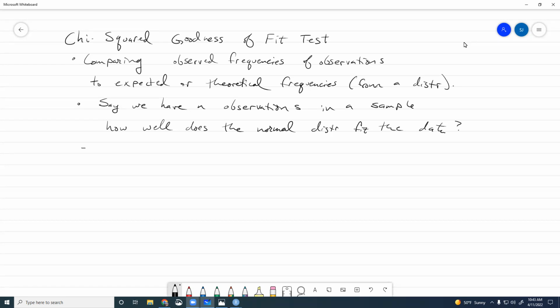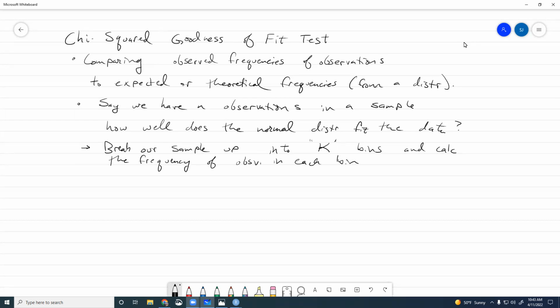So what the chi-squared test does is we break our sample up into k bins and calculate the frequency of observations in each bin.